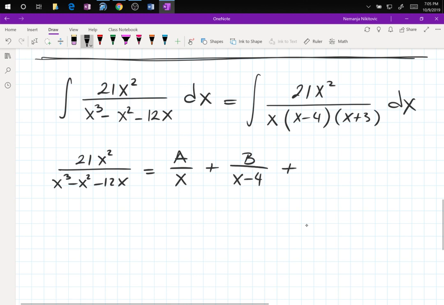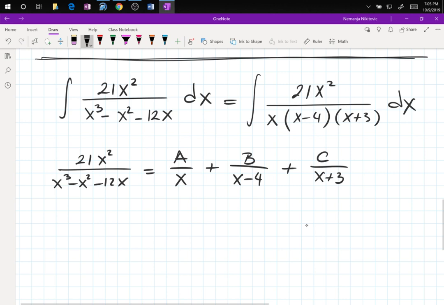And the last one is C over x plus 3 because it's also linear. Well, great. Now I have 3 variables. 3 variables will mean 3 equations for the system later on. The number of variables in a setup equals the size of the system you have to solve later on.